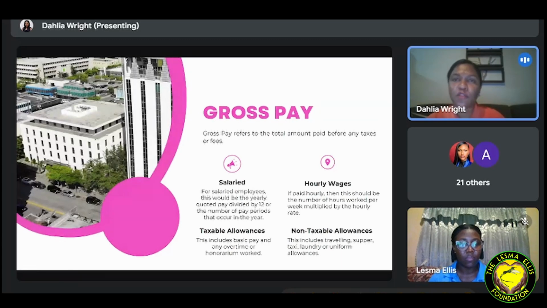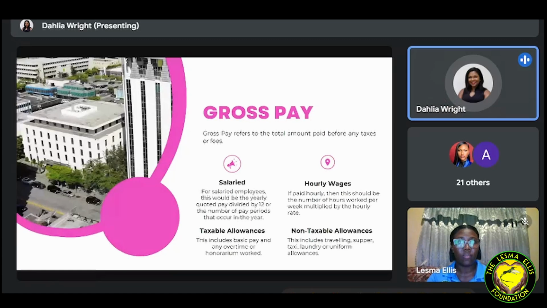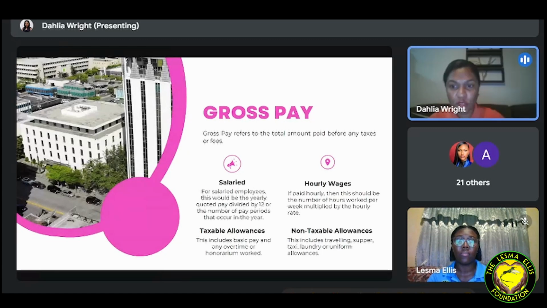If it's not a repayment for something that you've already spent, then it is taxable. If it's something you've already spent and you are being reimbursed for that money, it's not taxable.